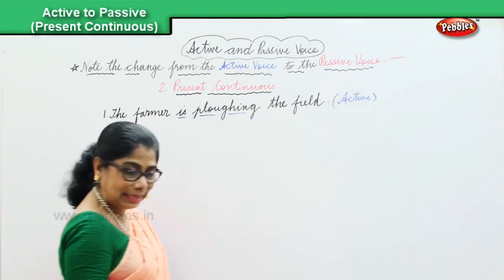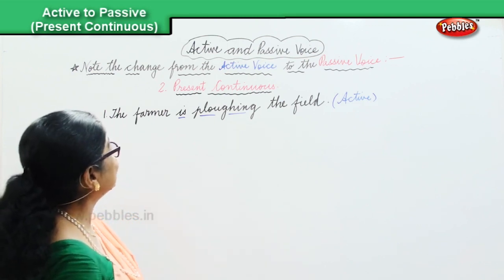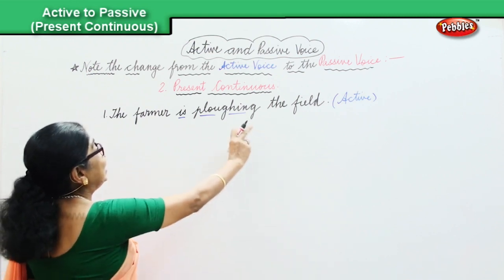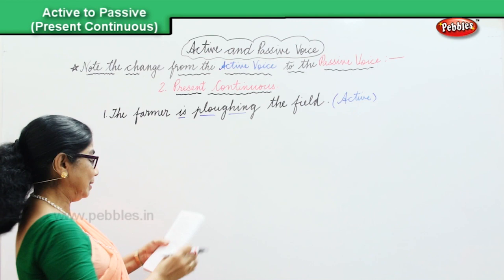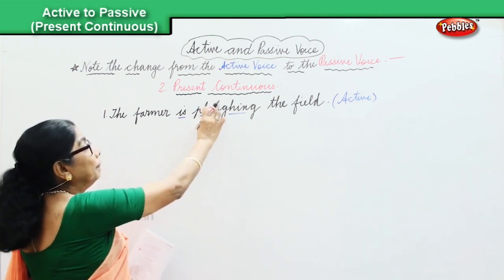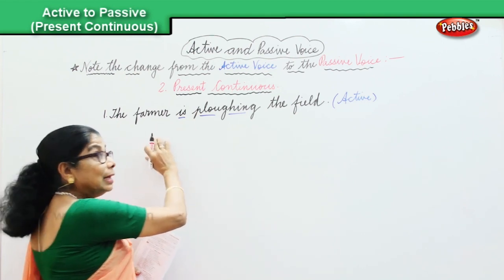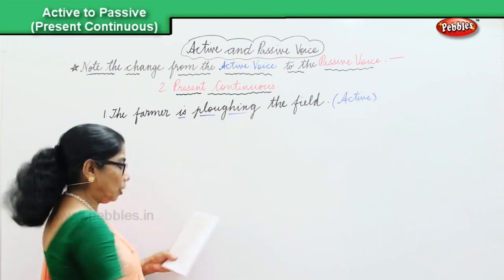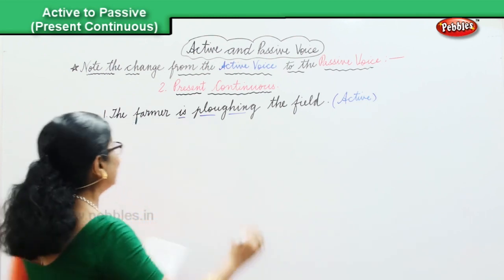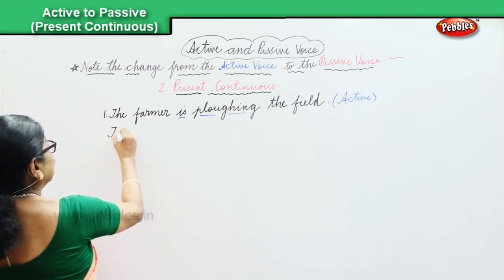Now, let's see the changeover of the present continuous here into the passive voice. You will say, the field is being plowed, present continuous. The field is being plowed by the farmer. Okay? So, the changeover here, look very carefully.